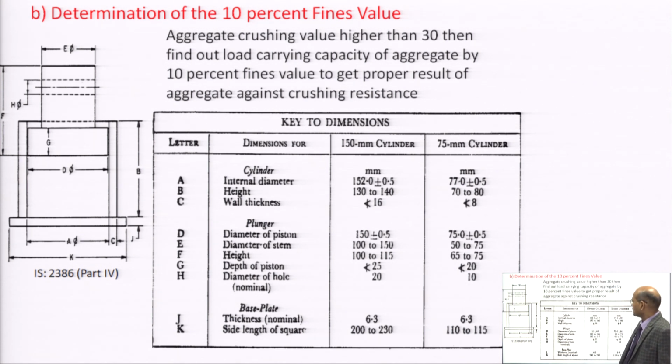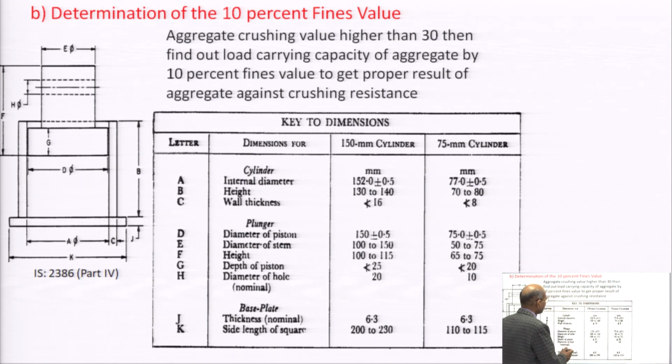We use the same cylinder, plunger and base plate which are given in IS 2386 part 4 for determining the crushing value. Say I am using a cylinder of 150 mm diameter. In that case the internal diameter of the cylinder should be 152 mm plus minus 0.5 mm, the height should be 130 to 140 mm and the wall thickness is 16 mm.